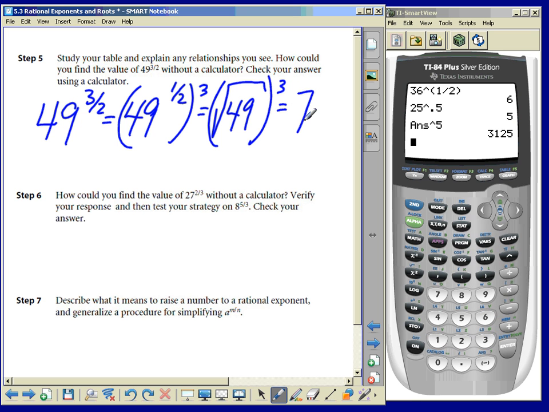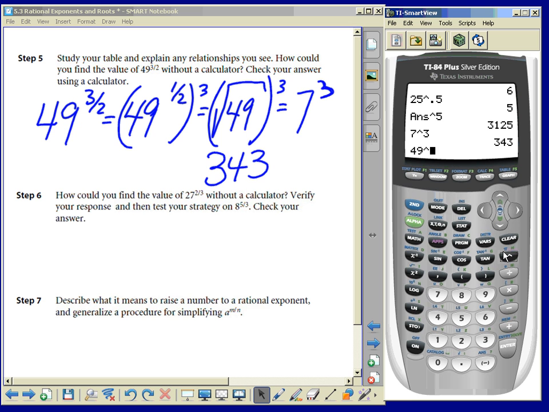So that's going to be 7 cubed, which I believe comes out to, let's just check, 343. Let's see if we get that same answer if we raise 49 to the, parentheses, 3/2 power. 343. Got it.